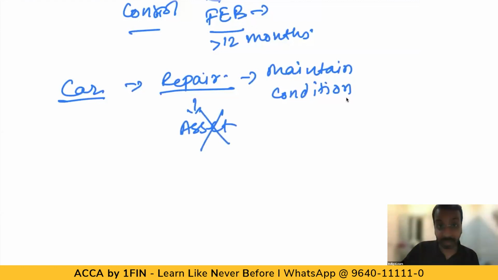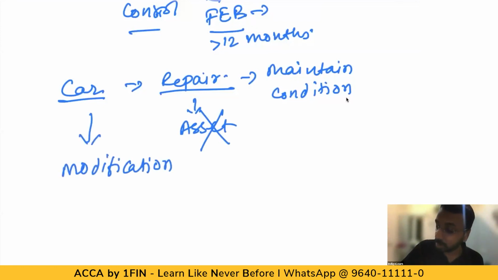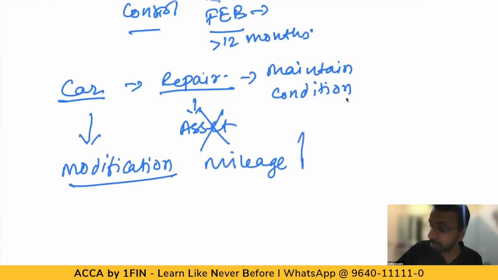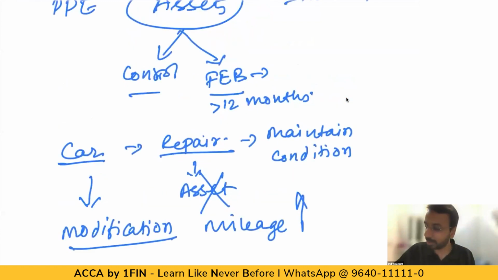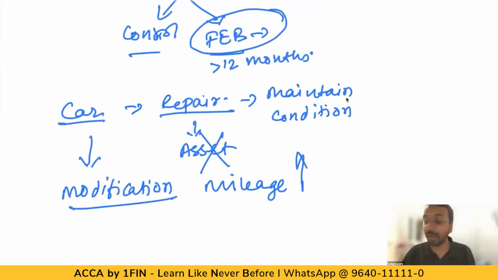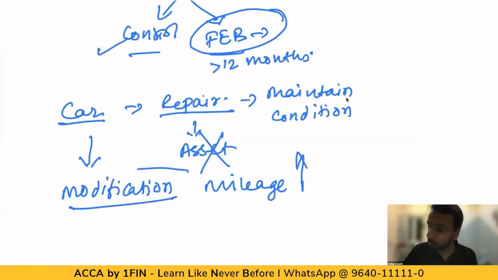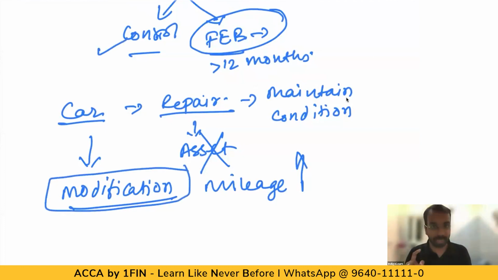Whereas, if let us say for the same car, I do some modification, and because of the modification, mileage increases. If mileage increases, what happens? My future economic benefit increases. So when my future economic benefit increases, I have future economic benefit, and if I have control, I can account for this modification as an asset.